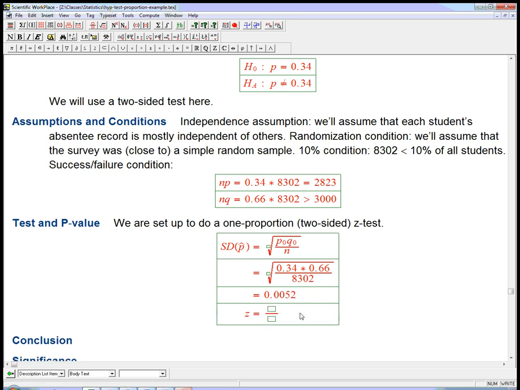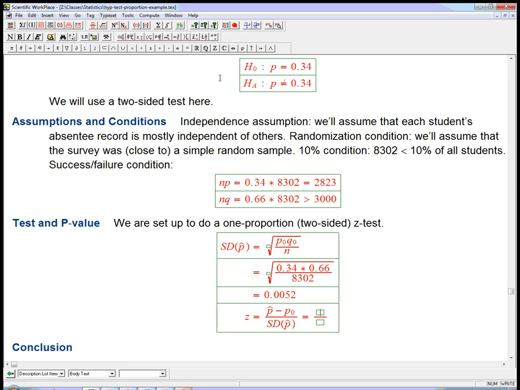As always, the z is just the change. Let's write out the general formula first. It's the p hat, what you observe, minus the center. We're assuming this is a normal model centered on p naught. That's the null hypothesis, that the true population is p naught, and we're just going to get variation around that, divided by the standard deviation of p hat that we just calculated.